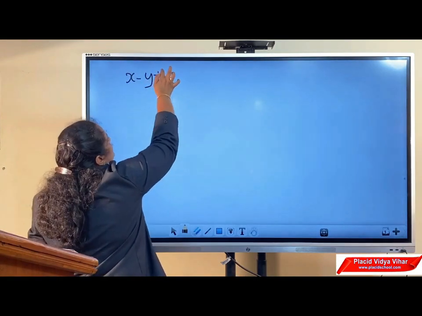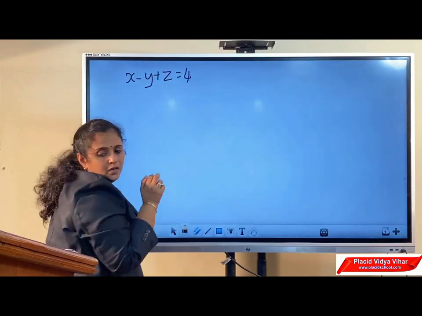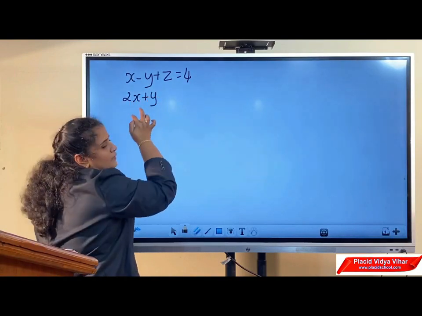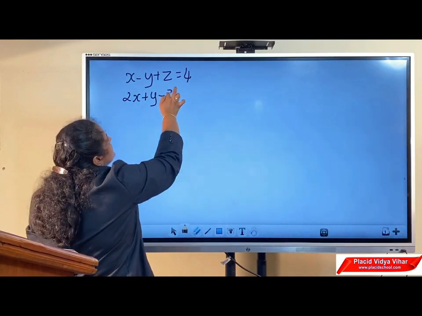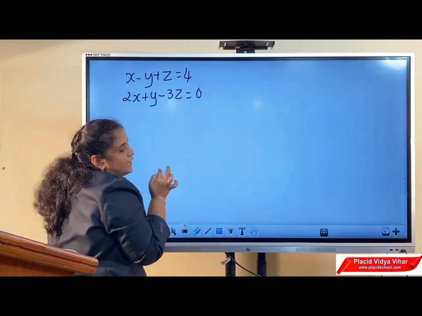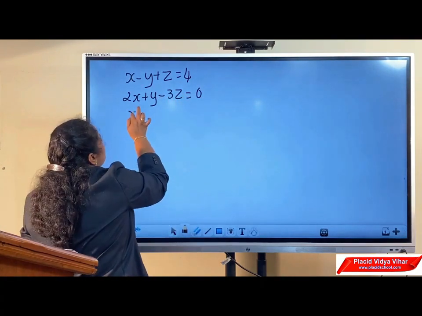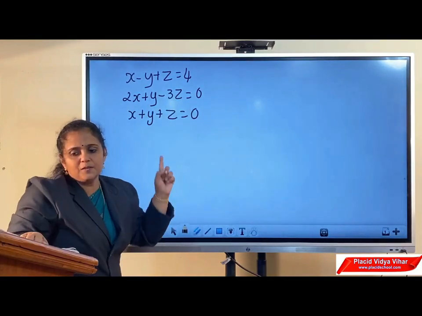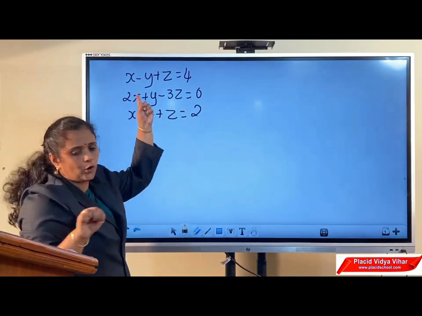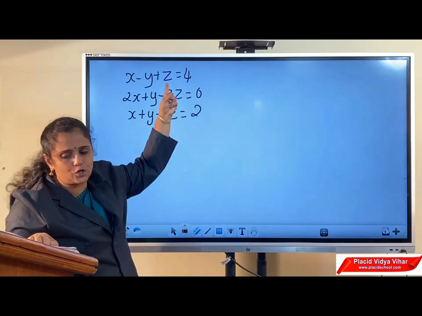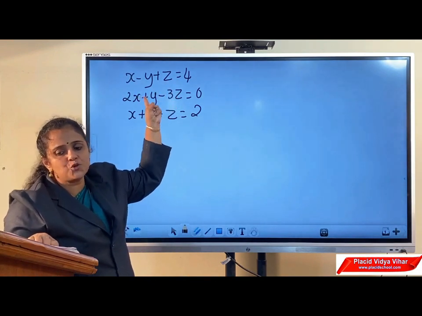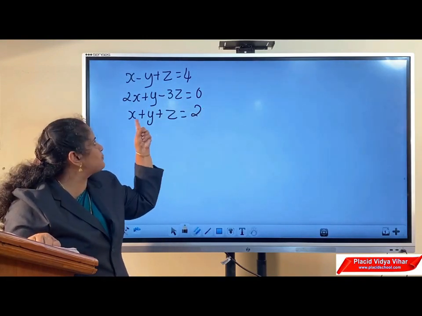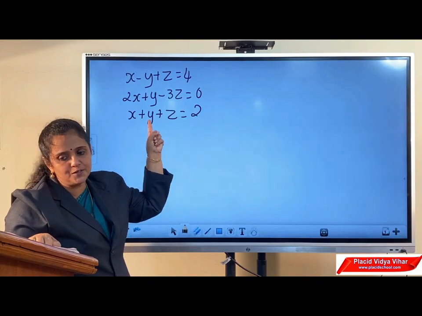The first equation is x minus y plus z is equal to 4. The second equation is 2x plus y minus 3z is equal to 0. The third equation is x plus y plus z is equal to 2.